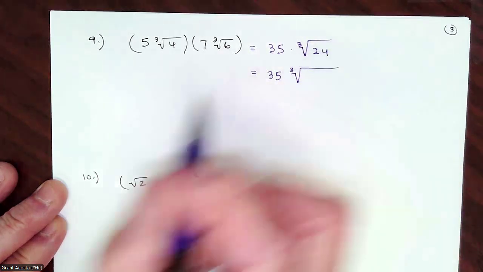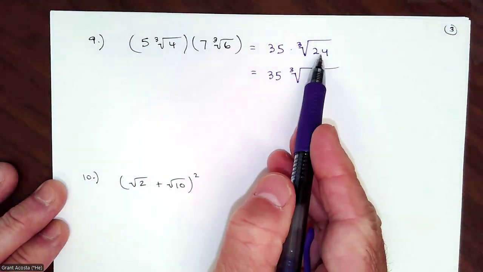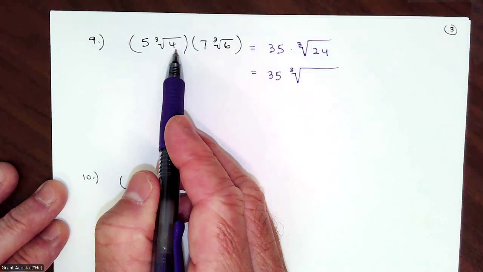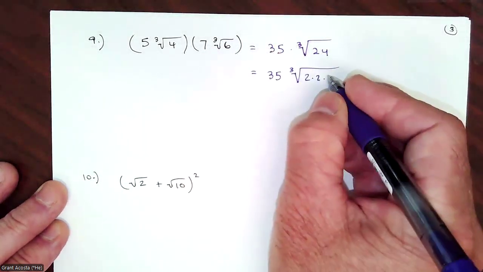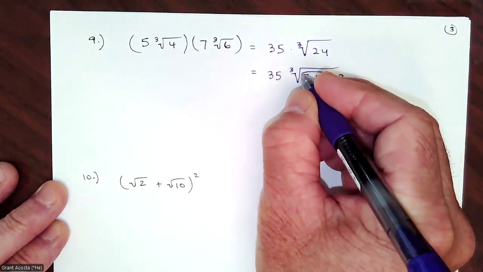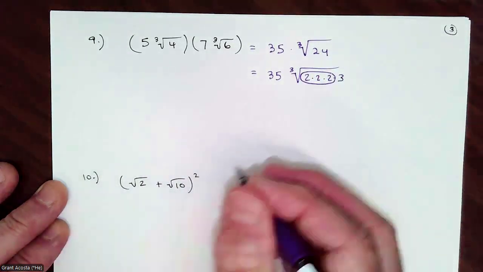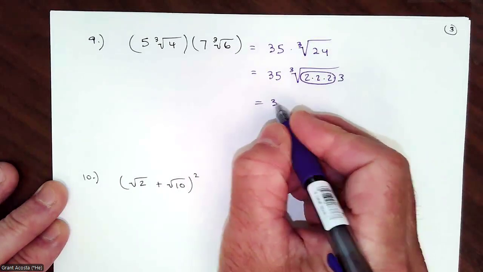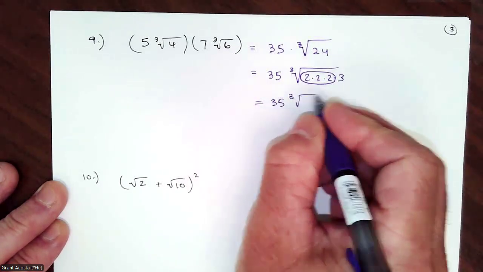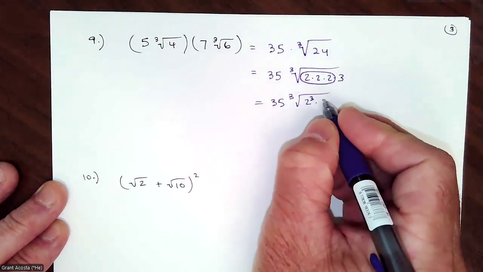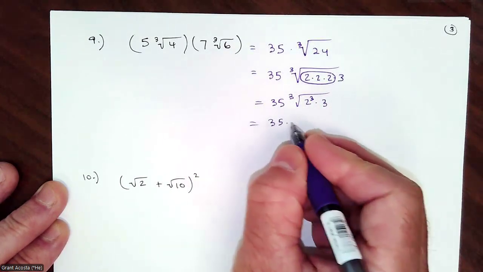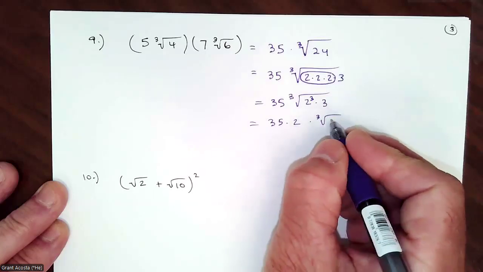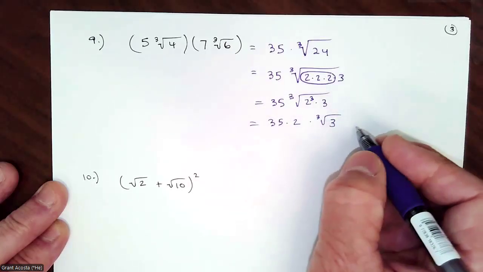This is a much nicer number than 126. Just to follow the same strategy, 4 was 2 times 2, 6 was 2 times 3, and I'm looking for a cube. So if I join all of those 3 2's together, that's the cube root of 2 cubed times 3. So that comes out as a 2. So 35 times 2 times the cube root of 3. 35 times 2 is 70.